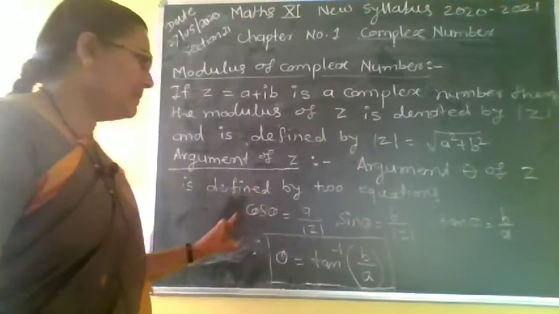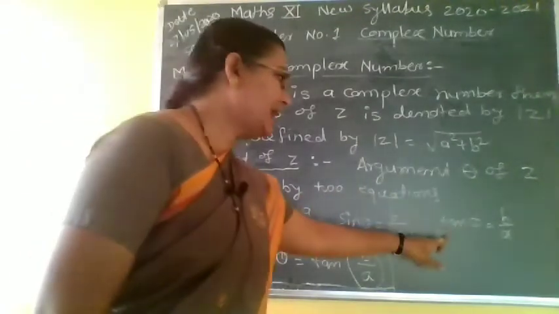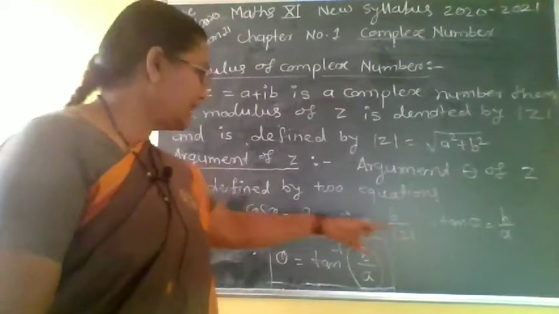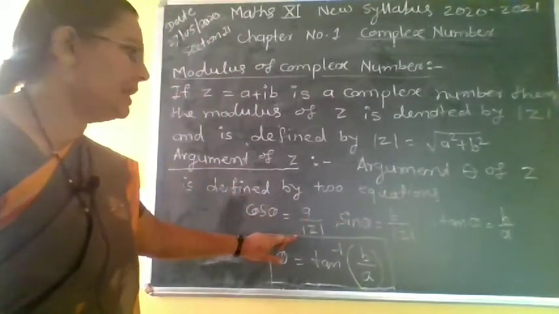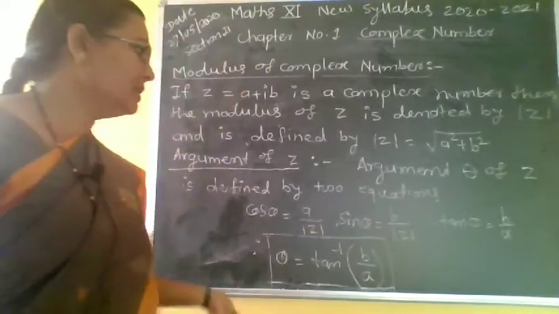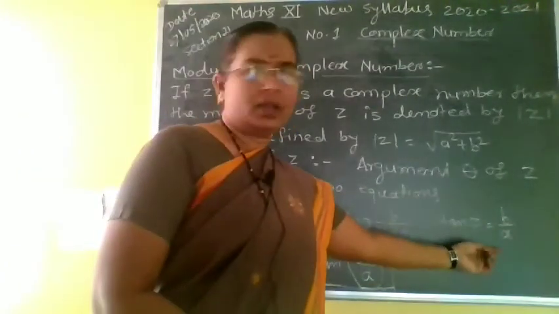Sin theta divided by cos theta becomes tan theta, and sin theta is b divided by mod z, cos theta is a divided by mod z. Mod z cancels out and it becomes b upon a.